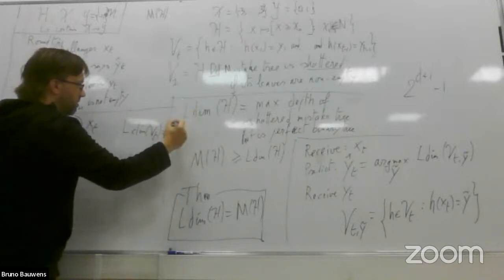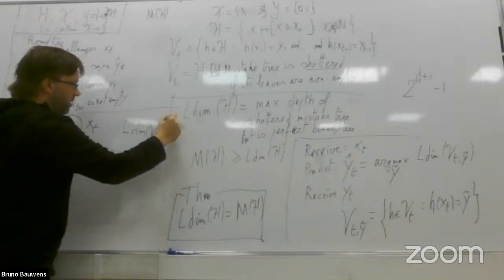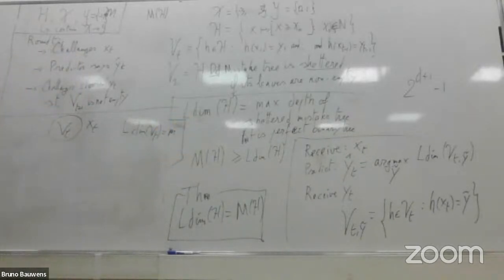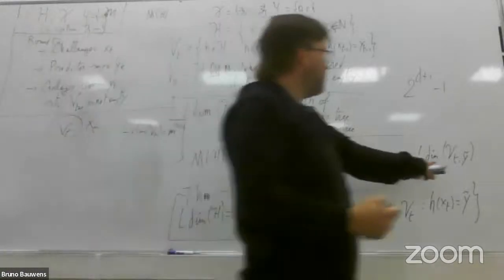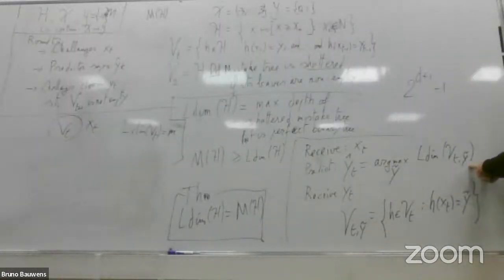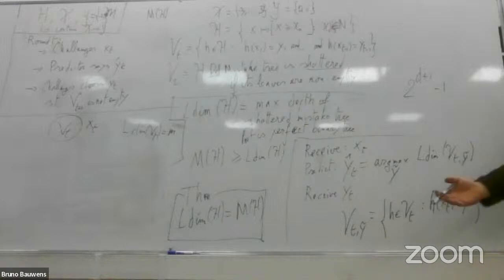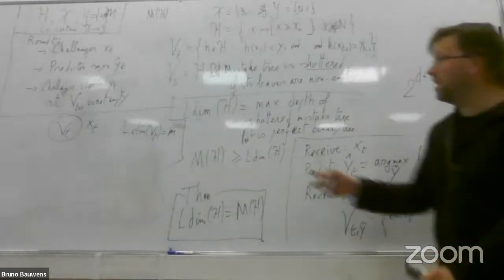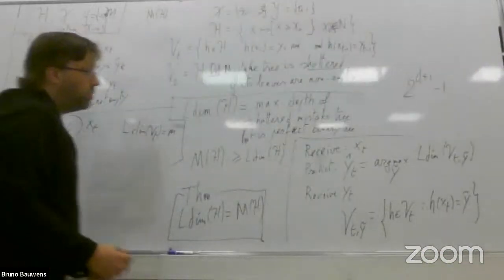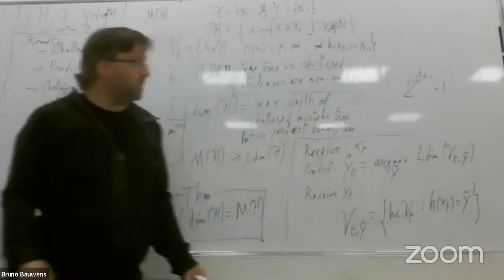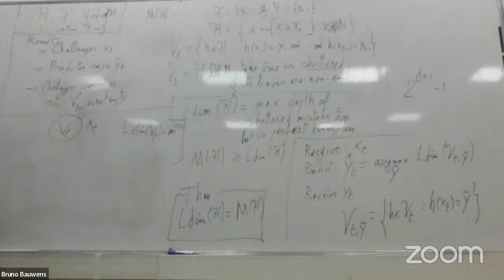Then I claim that these two possible version spaces cannot both have Littlestone dimension m. And so as the game prolongs, the Littlestone dimension of the version space decreases. I claim that it cannot happen that both these version spaces have Littlestone dimension m. Why is it?